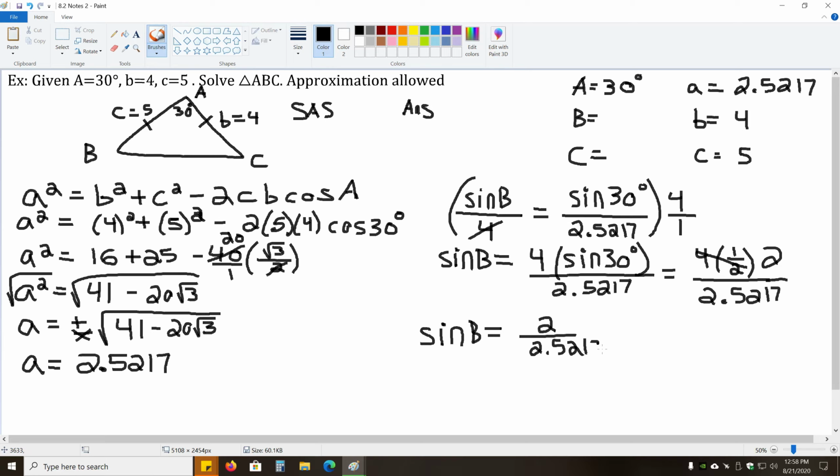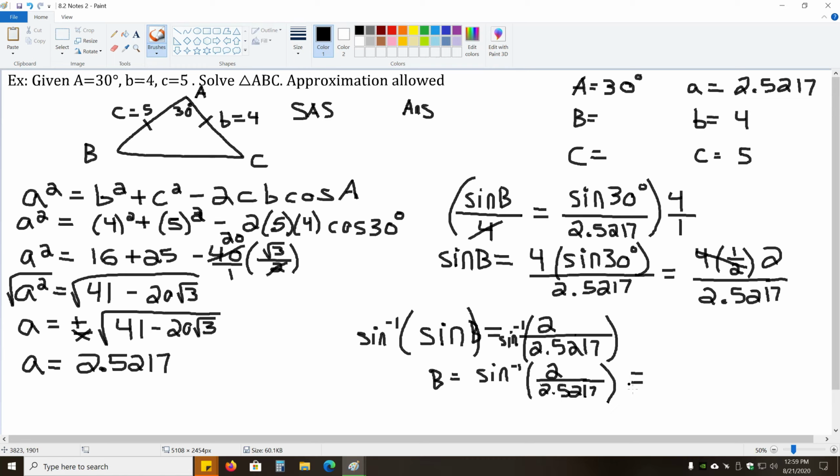And now, to solve for B, we will take sine inverse of each side. So when we do this, we get B equals sine inverse of 2 over 2.5217.